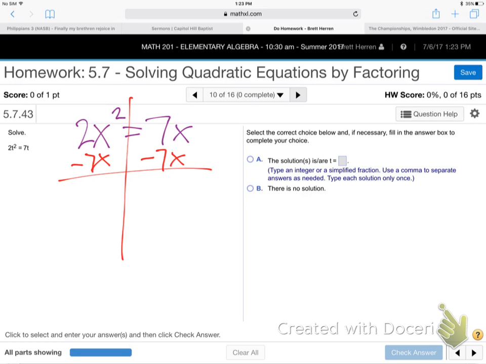So first step, get a 0. So subtract 7x from both sides like that, right? Whatever's on that right side, you just do the opposite of it to make it 0. So we have 2x squared minus 7x equals 0. We good so far?